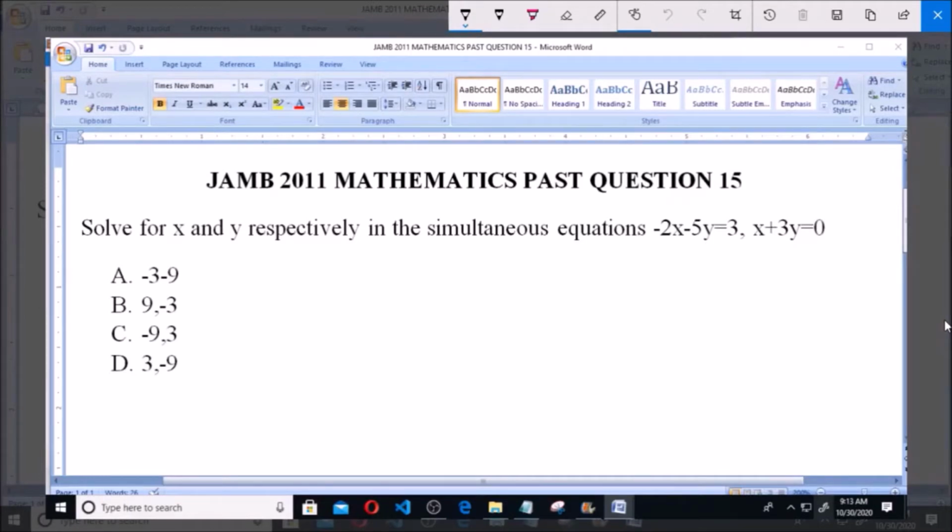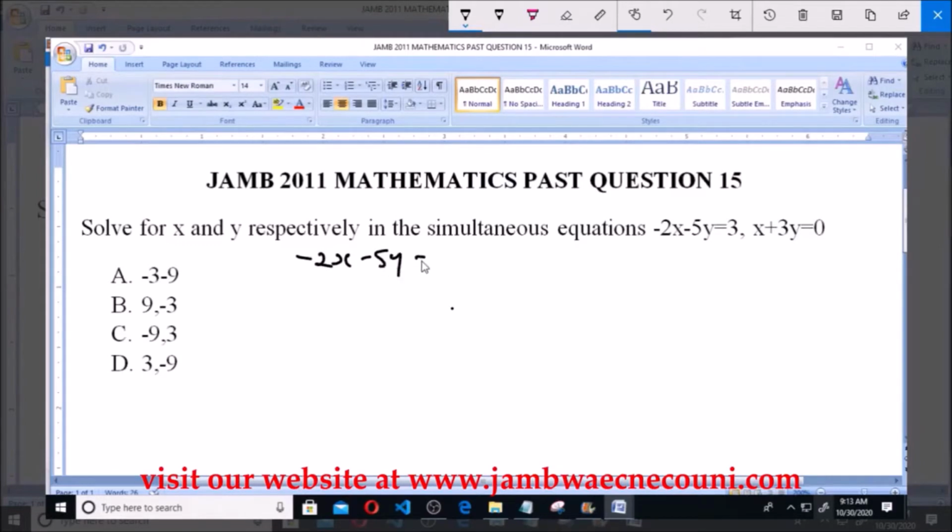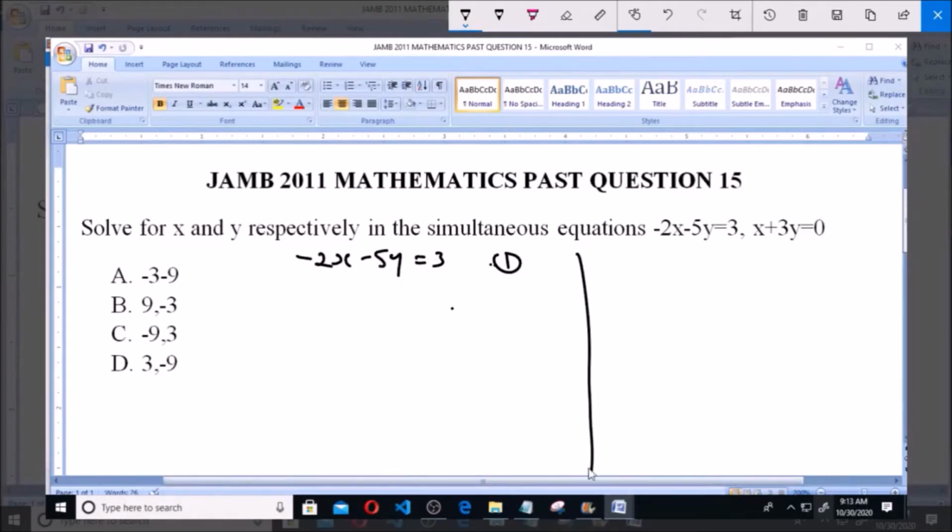D: 3, minus 9. Now we are given two equations and I have to solve them simultaneously. The first equation is minus 2x minus 5y equals 3, equation 1, and the second equation is x plus 3y equals 0, equation 2.